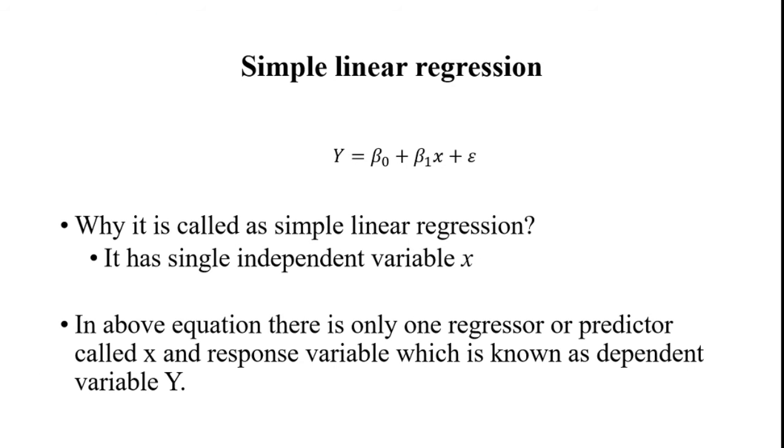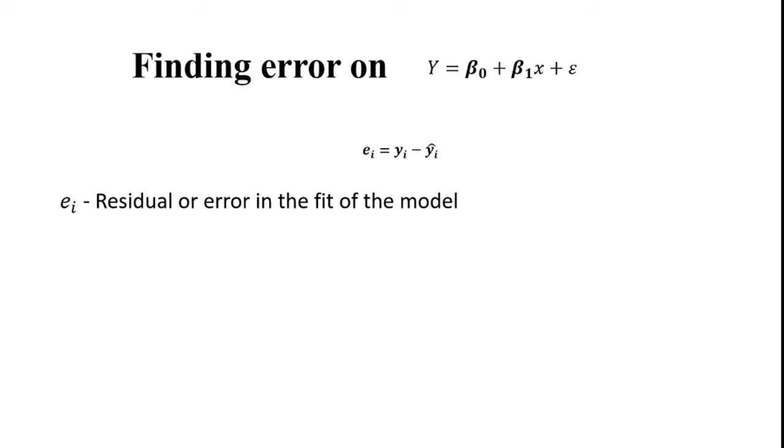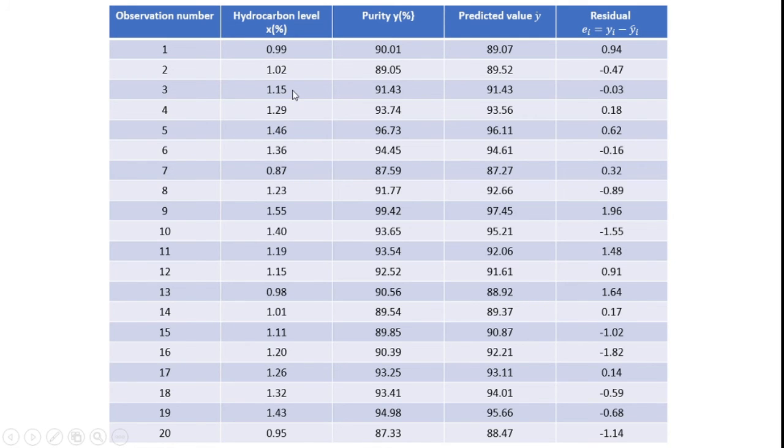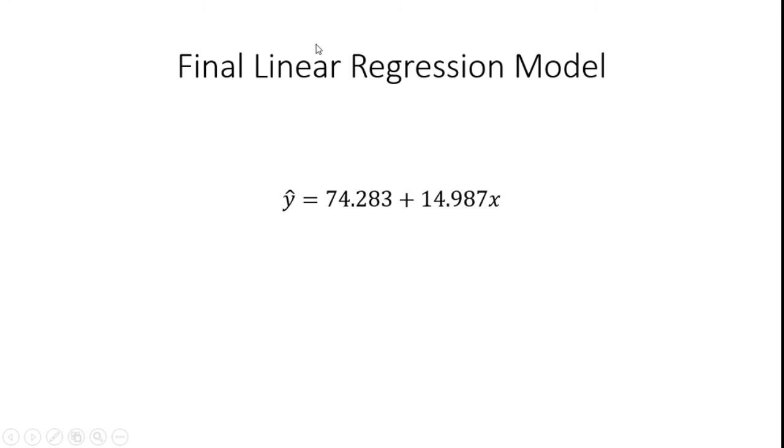For identifying the epsilon value, I utilize the formula ei is equal to yi minus yi bar. Here ei is the residual or error in the fit of the model, so we should identify the ei value also. So how do I identify the ei value? With this tabular column, I substitute all the hydrocarbon levels in the equation y bar is equal to 74.283 plus 14.987 times x.